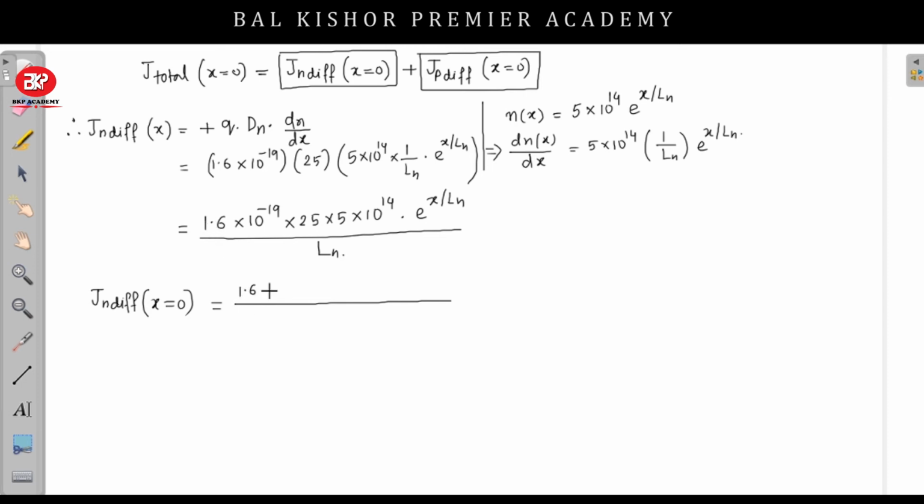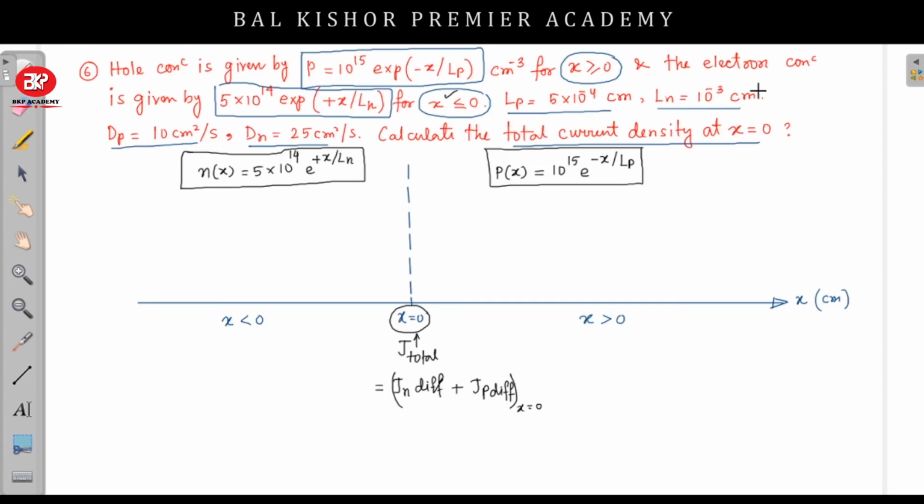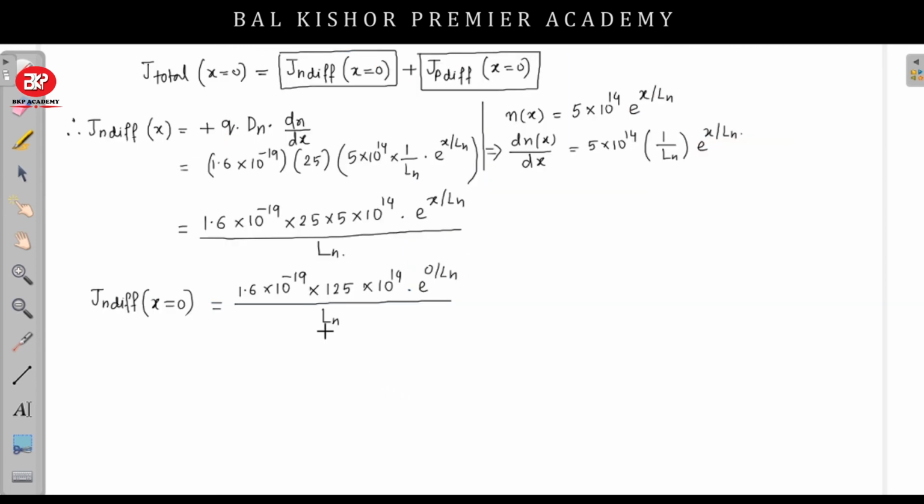It will be 1.6 into 10 to the power minus 19 into 25 into 5, which is 125, into 10 to the power 14 into e to the power 0 by Ln, and below is Ln, whose value is also given. Ln is given by 10 to the power minus 3 centimeter.